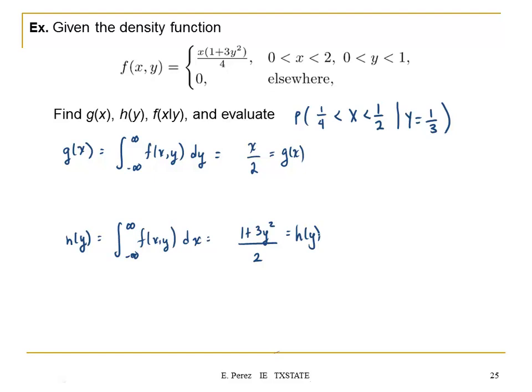Now we need to find f of x given y. So the conditional density, f of x given y.